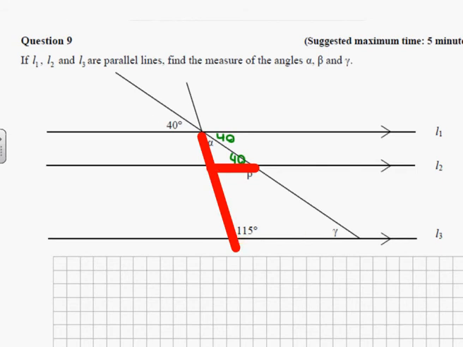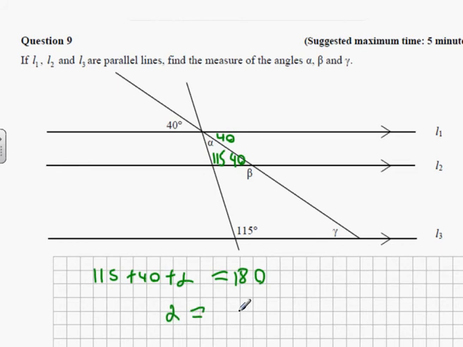Okay. 115. What can we say about angle A? 115 plus 40 plus angle A has to equal 180. Angle A equals 180 minus 155. Alpha equals 25. Everybody good with that?